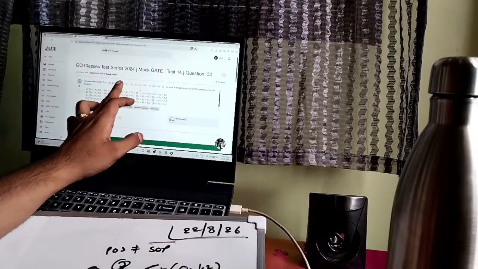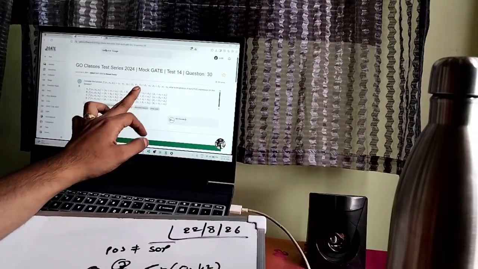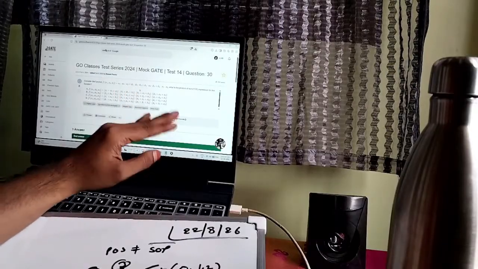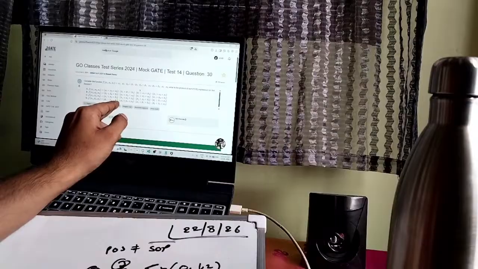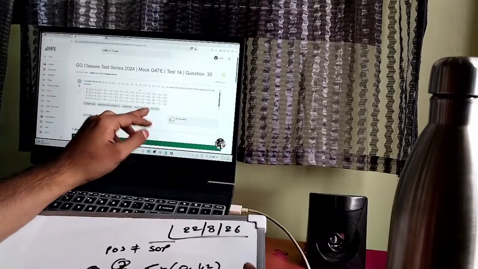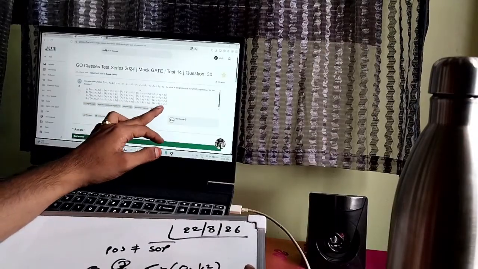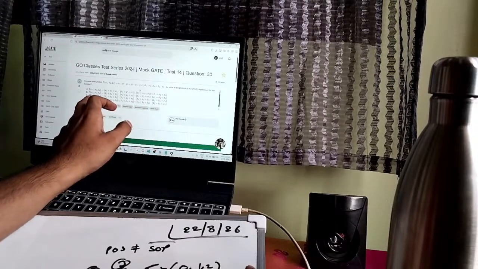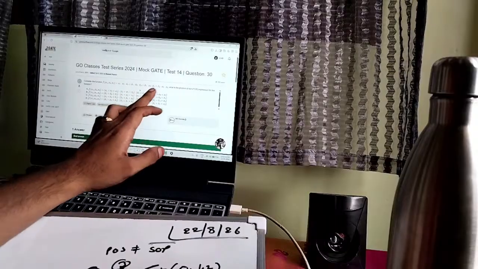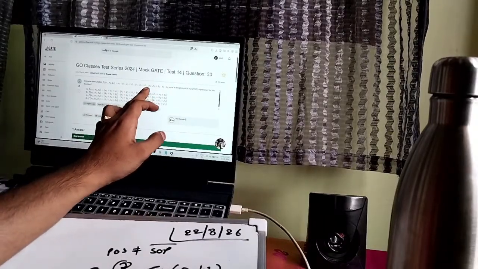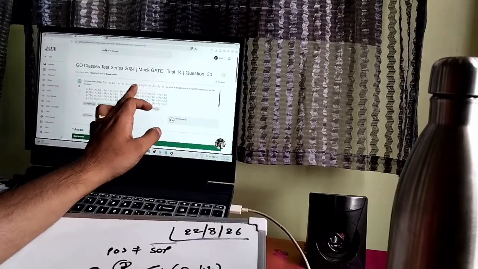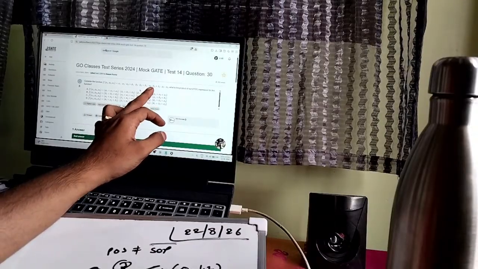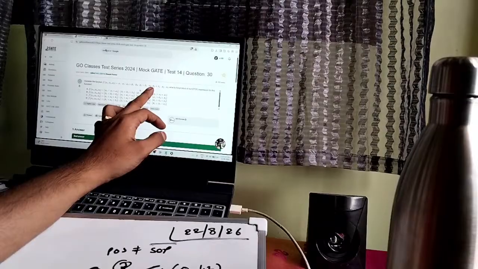So what do we have to do? Here it is 7 and here it is 0. So 0 also should not be present. It means that x1 plus x2 plus x3 should not be present. If we consider that, C and D are satisfying. Then this is 7, 0, and this is just 2, right?